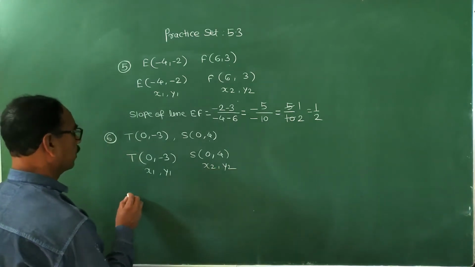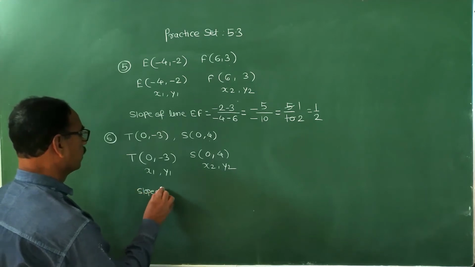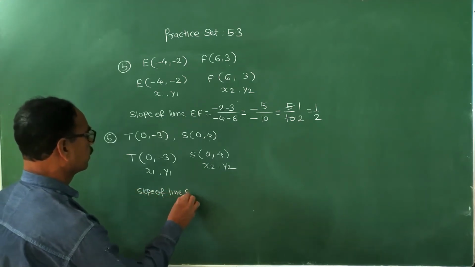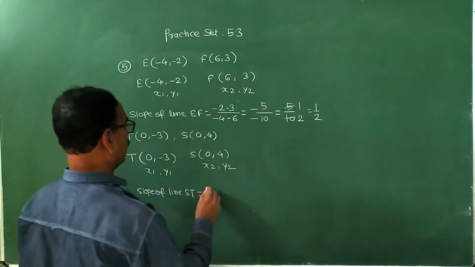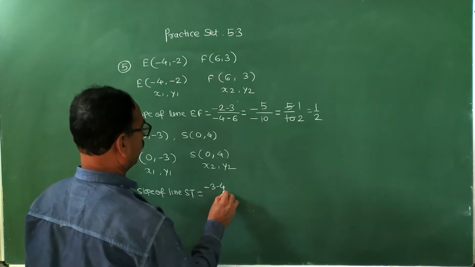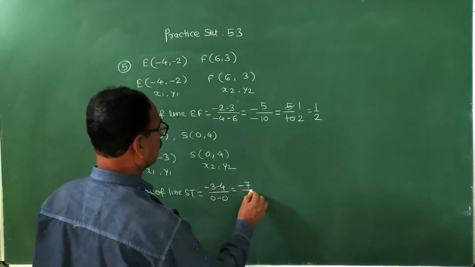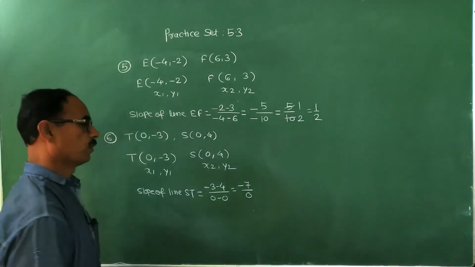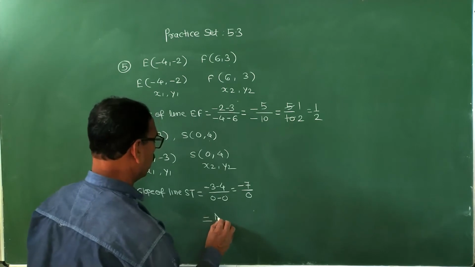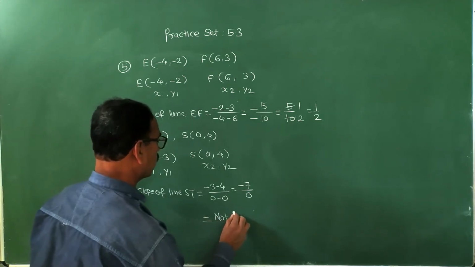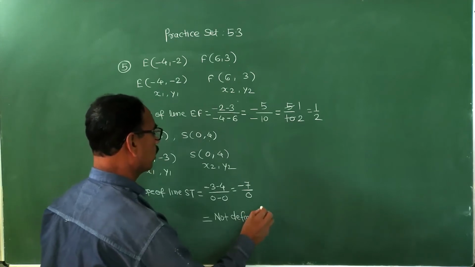So the slope of line PS will be (-3 - 4) upon (0 - 0), which will be -7 upon 0, and -7 upon 0 is not defined, or not determined.